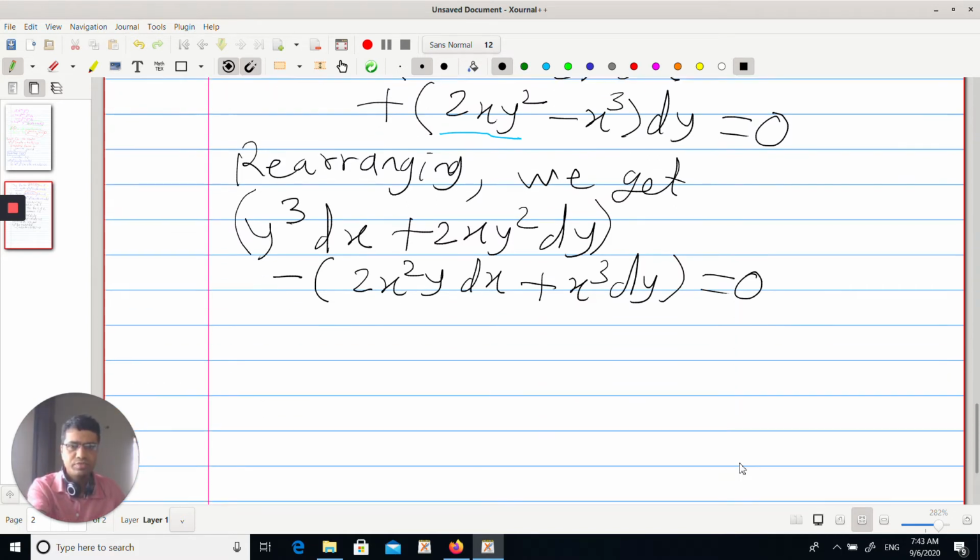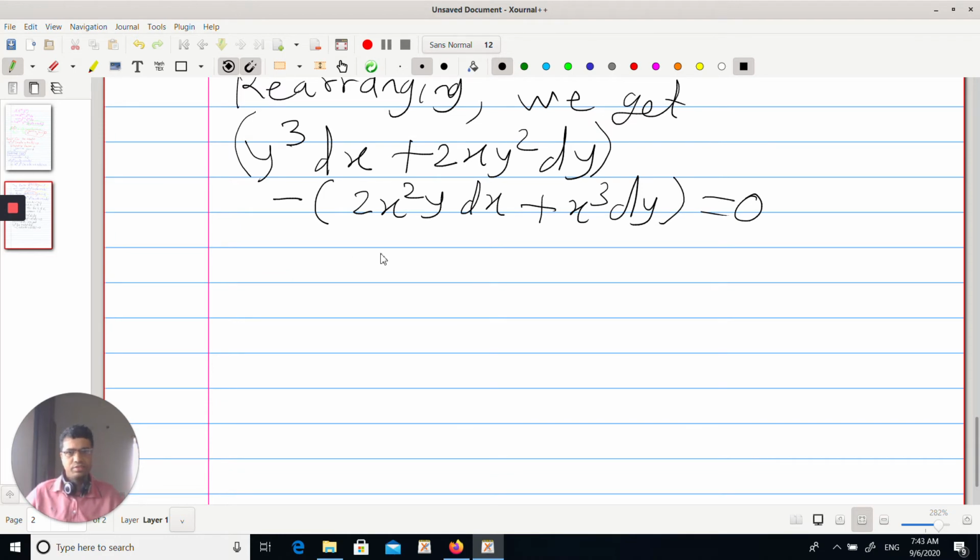Now we compare this with the standard equation. Before that we simplify one more step. We need an equation of the form my dx plus nx dy. So here we take y square common.